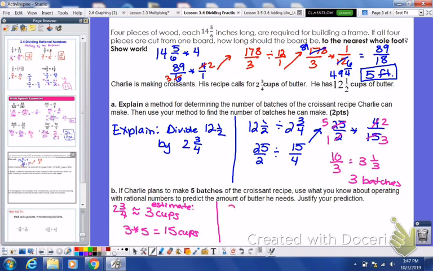So we have 2 3/4 per batch. I want to make 5 batches. So 4 and 2 gives us 8 and 3 is 11. Times 5 over 1. Which gives us 55 over 4 if we multiply across. Reducing that down to 13 3/4 cups.